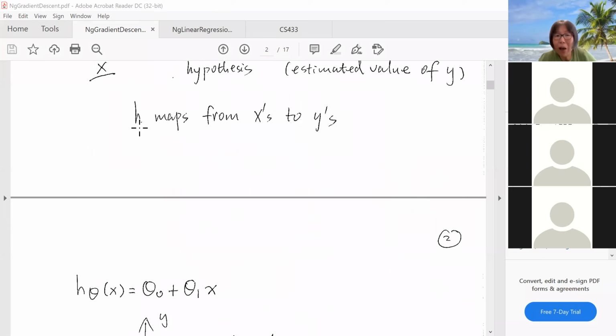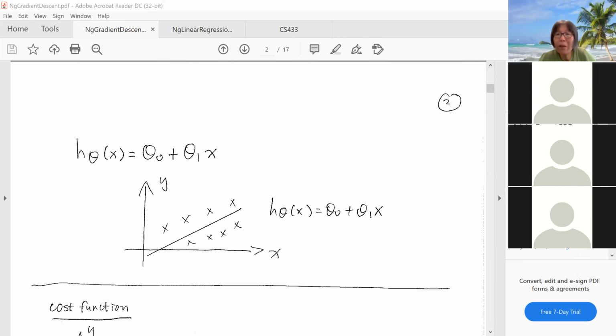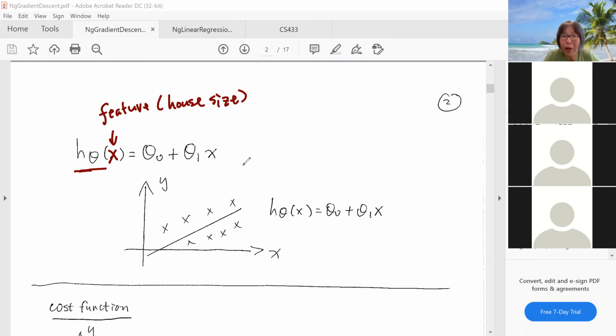The hypothesis basically just tries to map the input to the output. I believe all of us know this quite well as a linear equation. So this h represents the hypothesis regarding some features, and in this case the feature is the house size, so X is the house size.